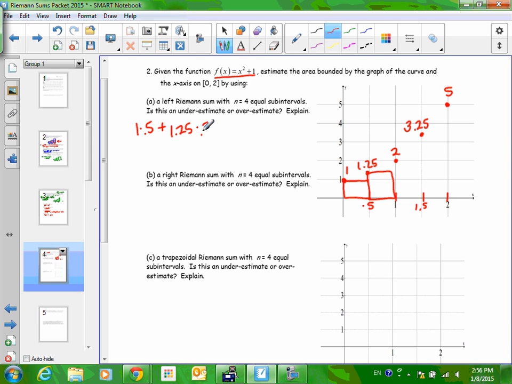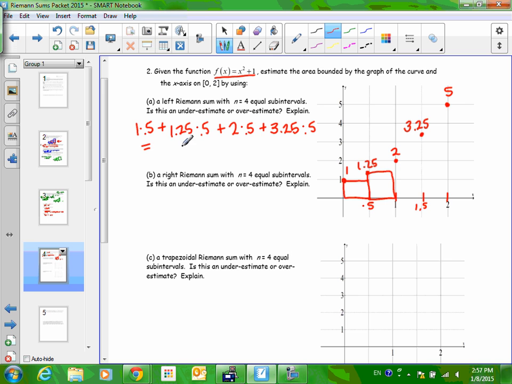times 0.5. And if you notice, like last time we were multiplying by 4 each time, this time we're multiplying by 0.5 each time. All right. The next one would be 2 times 0.5. And then the last one would be 3.25 times 0.5.